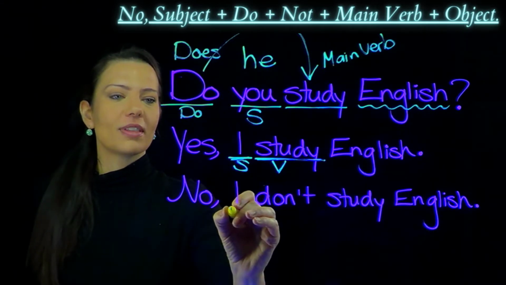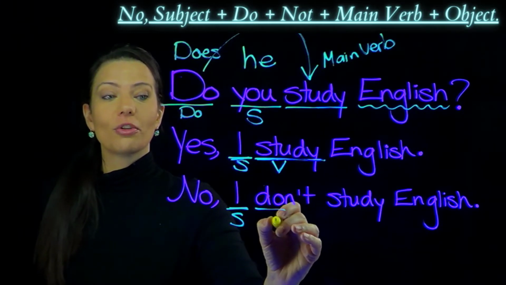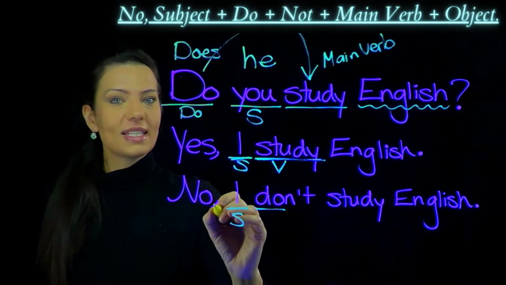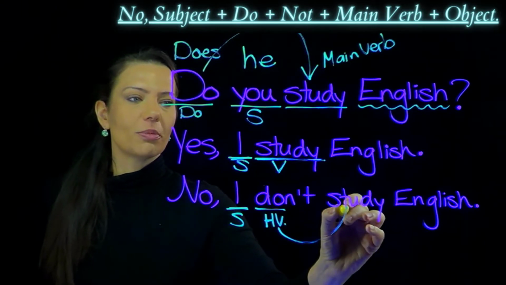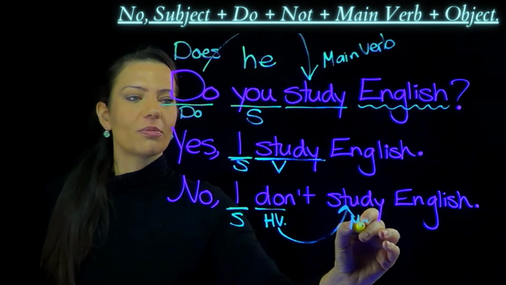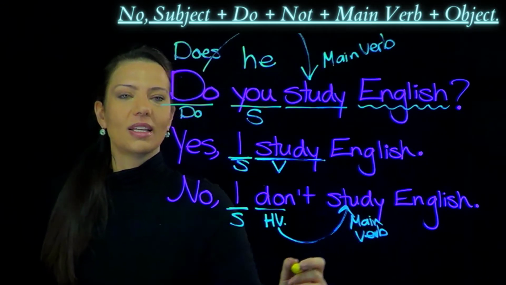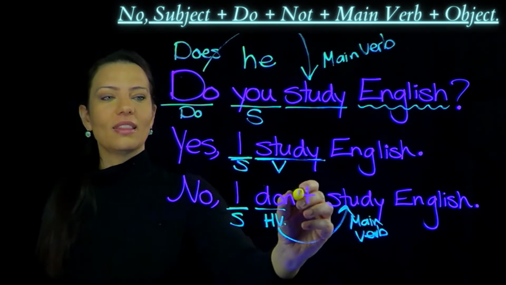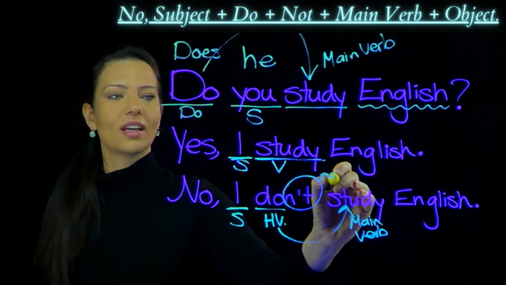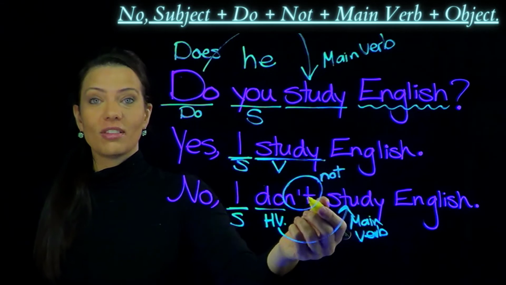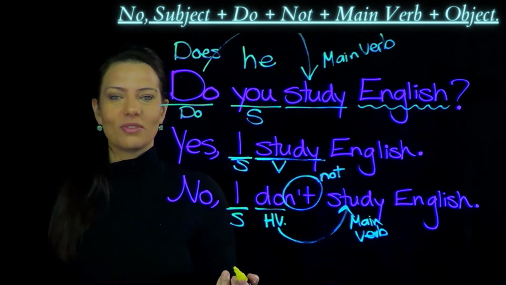Now, for the next case, the negative statement, no, I don't study English, or no, I do not study English. We have the subject, then we have the verb do. So this is the helping verb. And that helping verb is helping the main verb study. Now, to make it negative, in the middle here, we're using not. And I've written here the contracted form because it's more common, especially amongst native speakers.